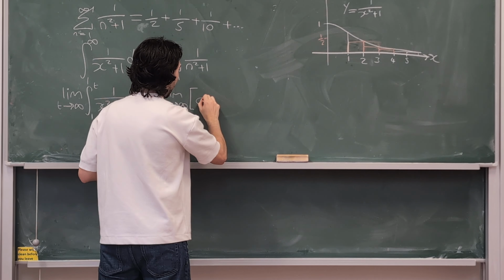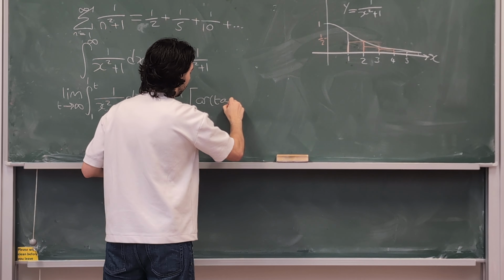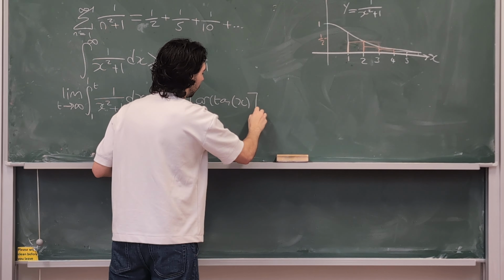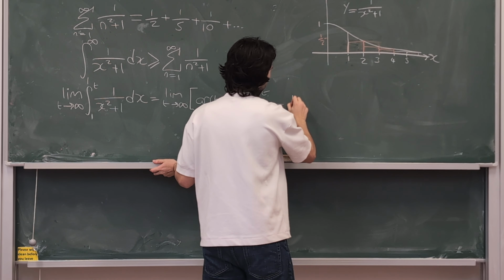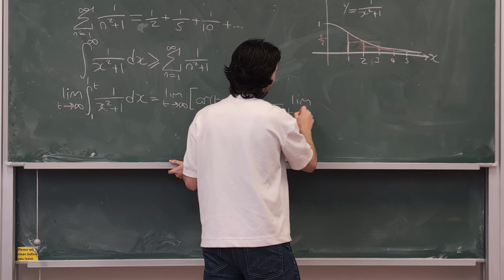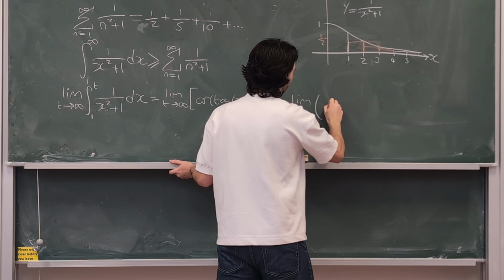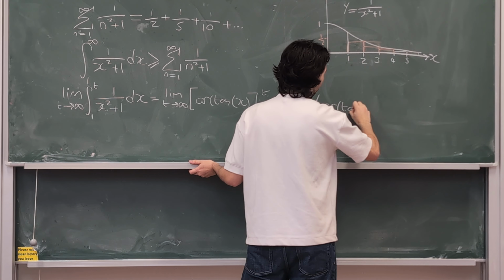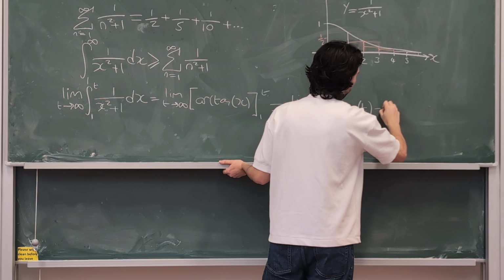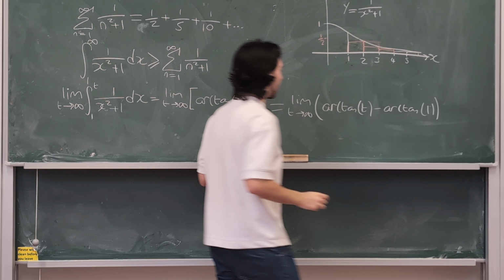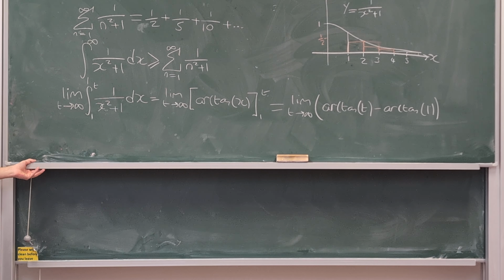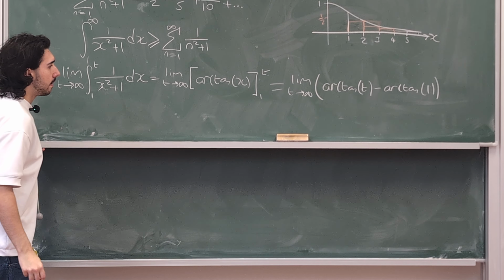This is arctan x. Okay, arctan x. And the limits are 1 to t. And this is the limit as t approaches infinity of arctan t minus arctan 1, like that. Hopefully you're happy with all of that.